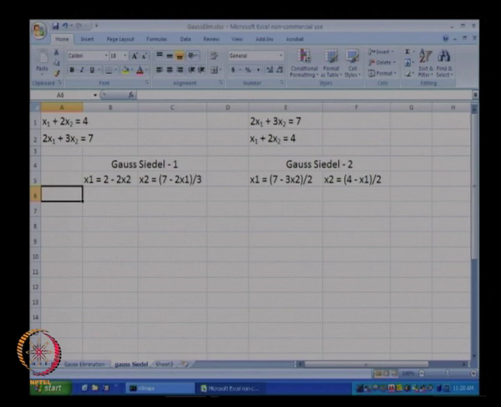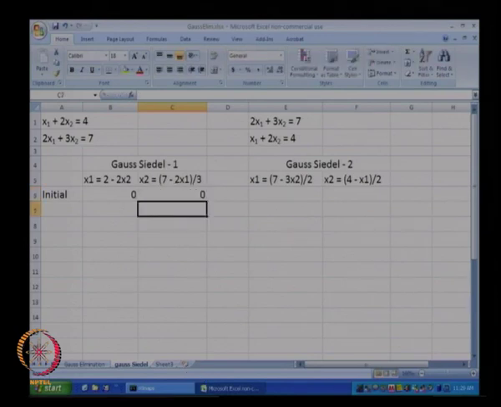And what we will do in both these methods is start from the origin. So the initial guess is x1 equal to 0, x2 equal to 0. Okay.